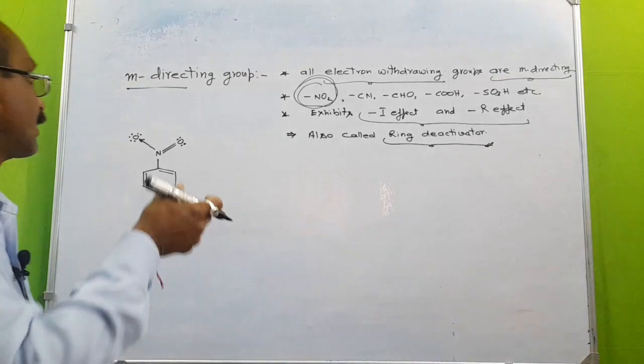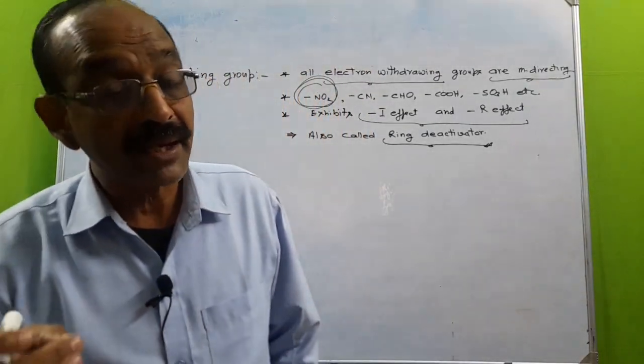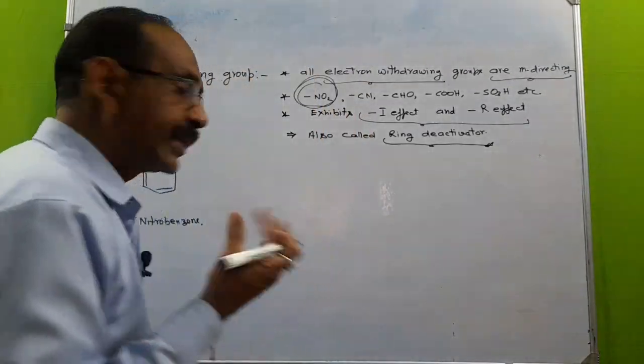As we know, once the coordinate bond is formed, one cannot make a distinction between the normal covalent bond and coordinate bond.